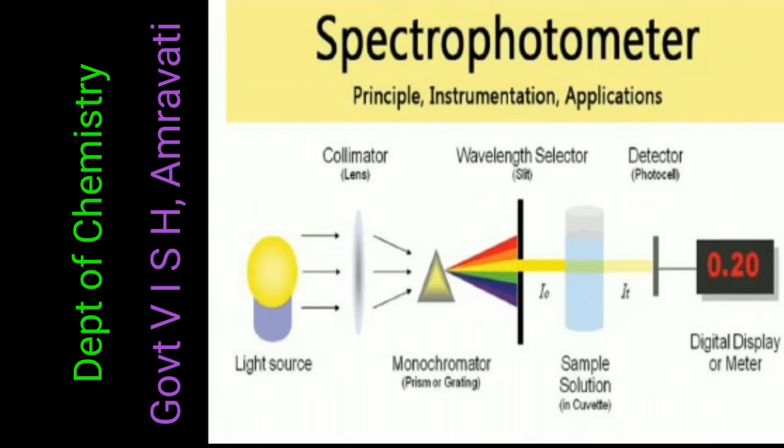You can see the many colors over here. It is directed onto the sample, and after that you get a digital display or meter. That is, on the spectrophotometer you will get some reading. That is the overall working of the spectrophotometer.